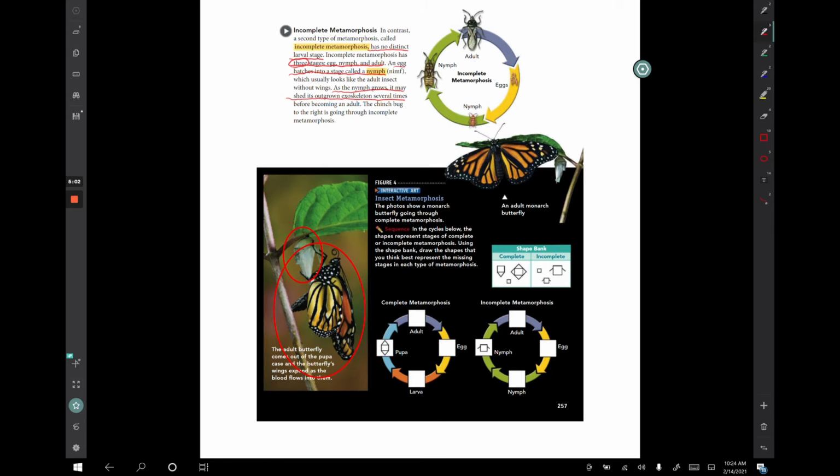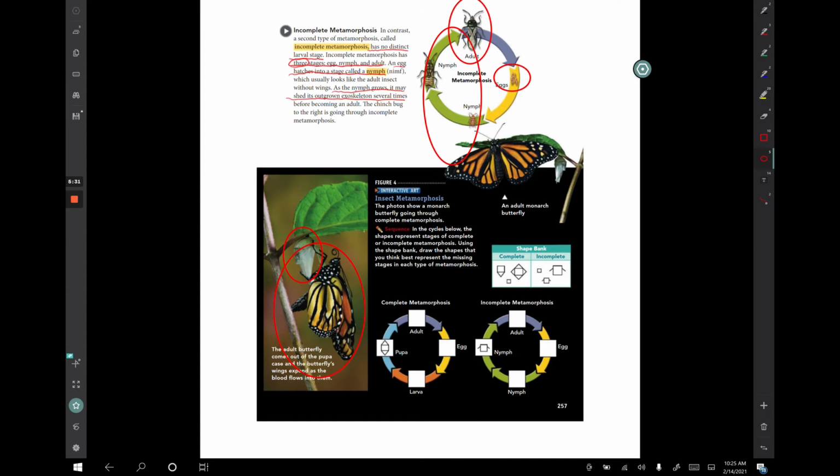In incomplete metamorphosis, then, you basically have three stages. You have the egg stage, you have the nymph stage. So the young nymph looks much like the adult. It just doesn't have wings. It will go through a series of losing its exoskeleton as it becomes larger, and then it eventually becomes the adult.